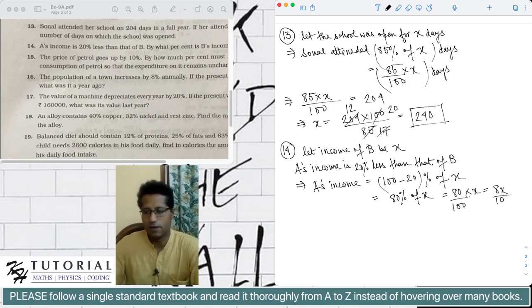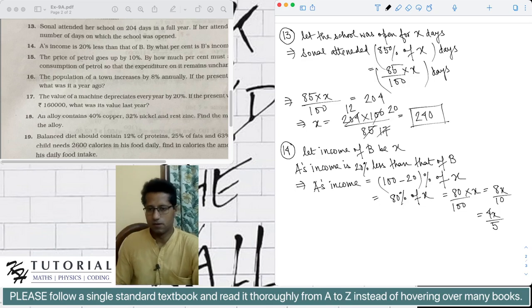If you further simplify 8 by 10, it becomes 4X by 5. So B's income is assumed to be X. Then A's income, in terms of X, is 4X by 5.